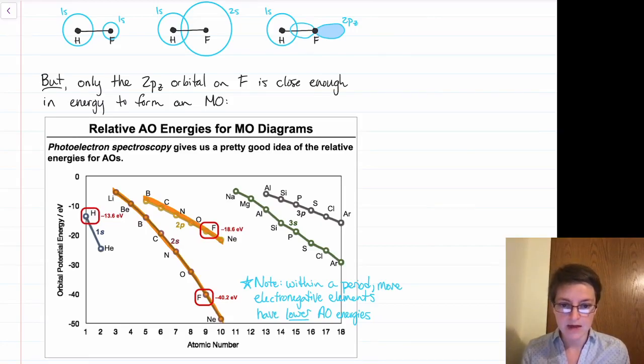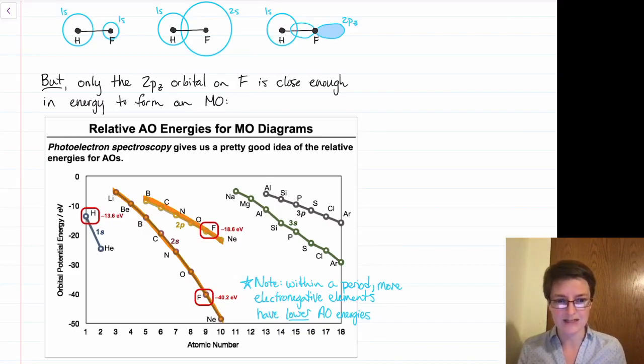What I also want us to note as a general trend, because it'll be very helpful when you're drawing your MO diagrams, is that as we go left to right along the periodic table, within a period, more electronegative elements have lower atomic orbital energies.